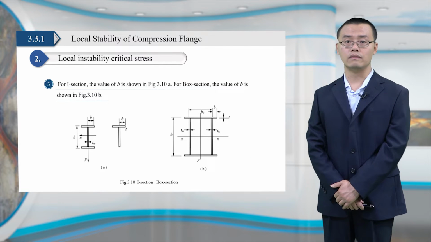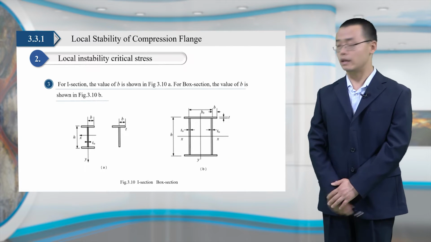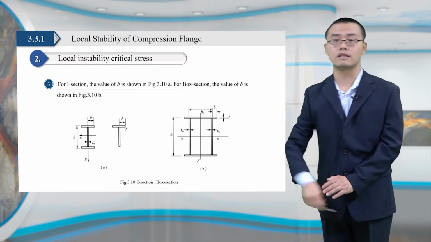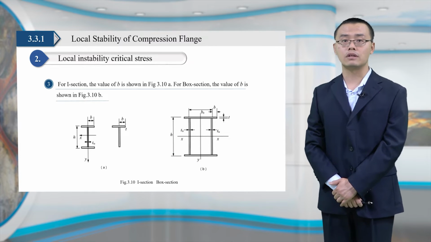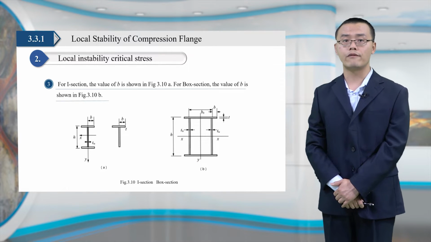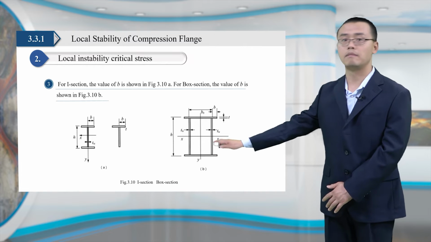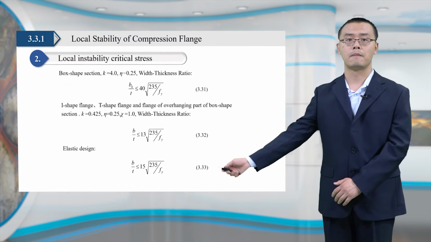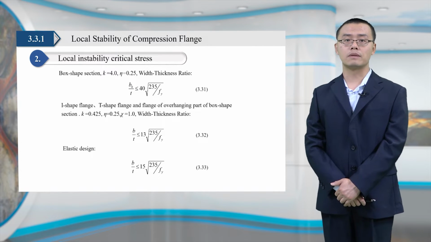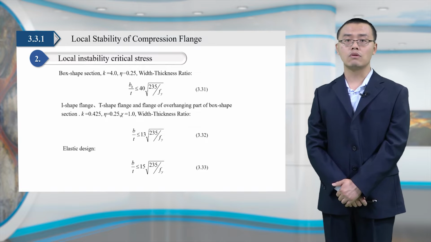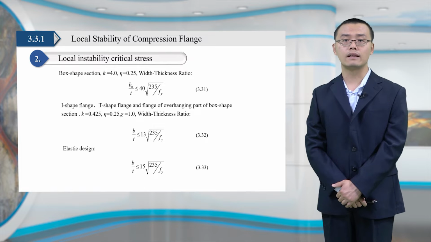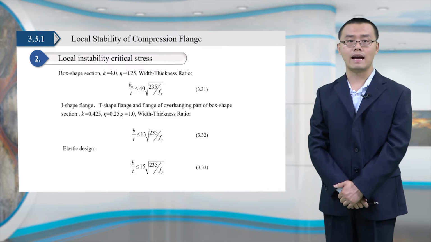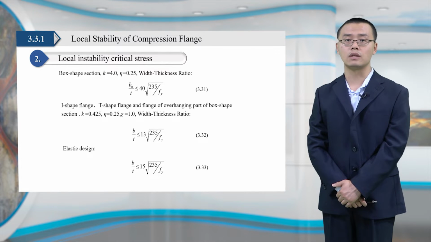For I section, the value of B is shown in figure 3.10a. For box section, the value of B is shown in figure 3.10b. Now, for the box-shaped section, K equals 4, eta equals 0.25. The width-thickness ratio is expressed as formula 3.31.